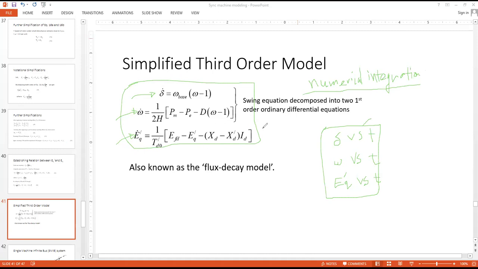Besides, there will be other responses achievable from these three, which can be represented as functions of delta, omega, and EQ prime.